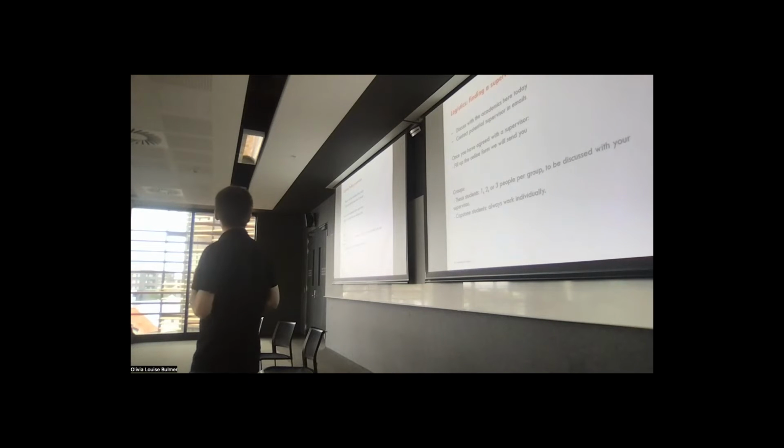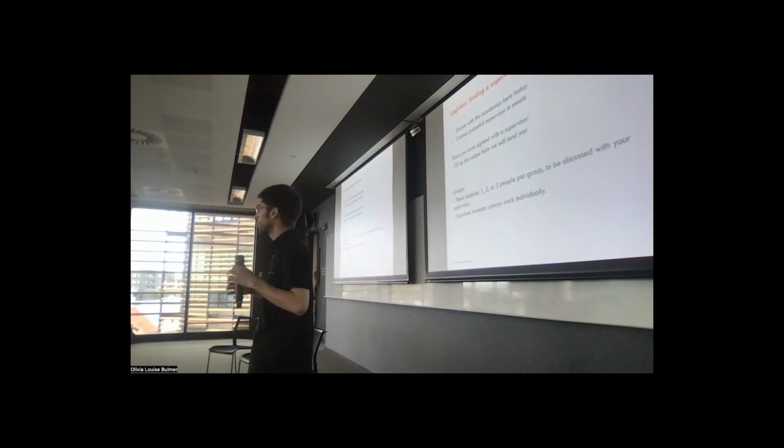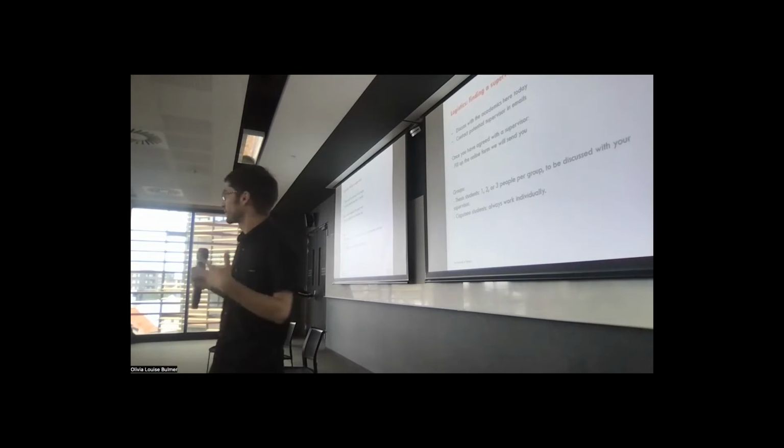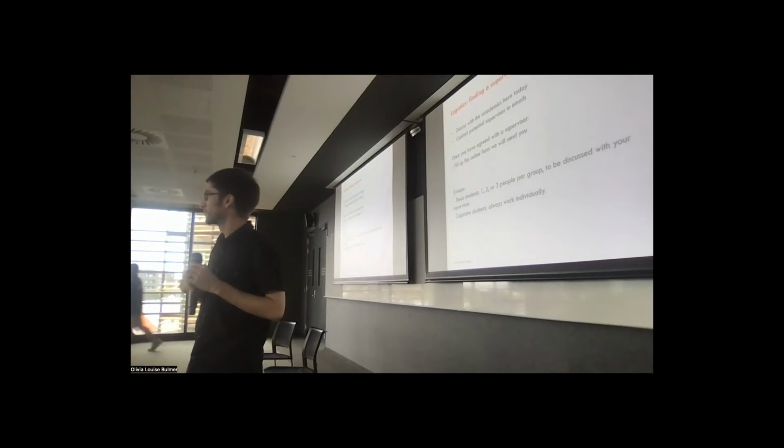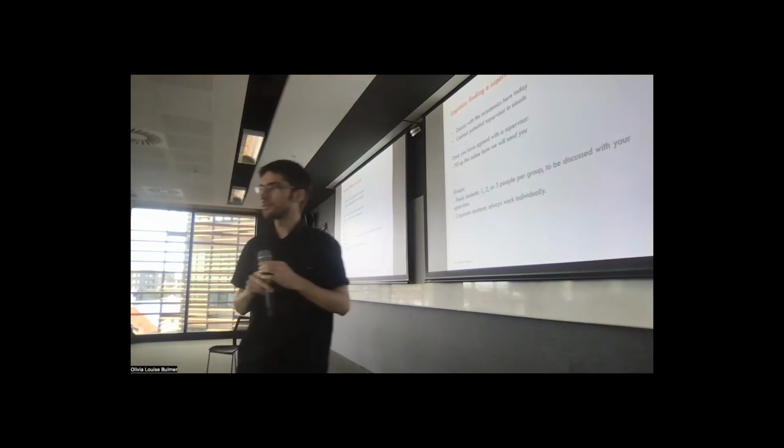So if you have a group already, or if you want to work with people, then probably you need to approach the supervisor as a team and say, we would like to work together. What kind of project would be suitable for that? And then in terms of how the work is divided, it's really up to the supervisor to see how things should be divided within your team.